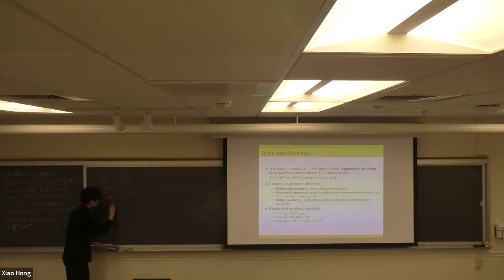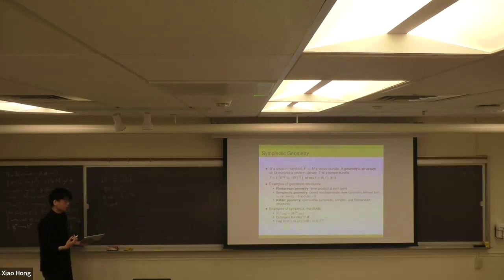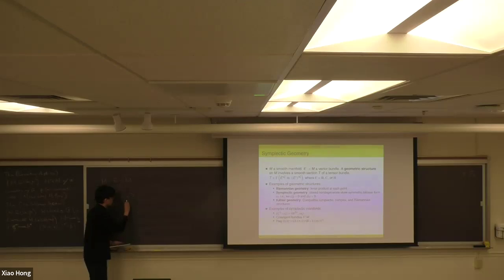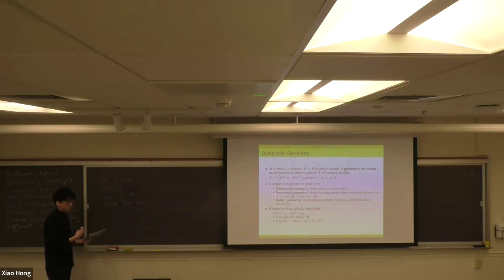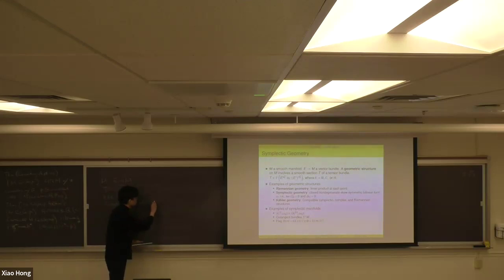A symplectic manifold instead assigns a form for each of the tangent spaces T_pM. This omega_p is still bilinear, of course, but now it is not symmetric.